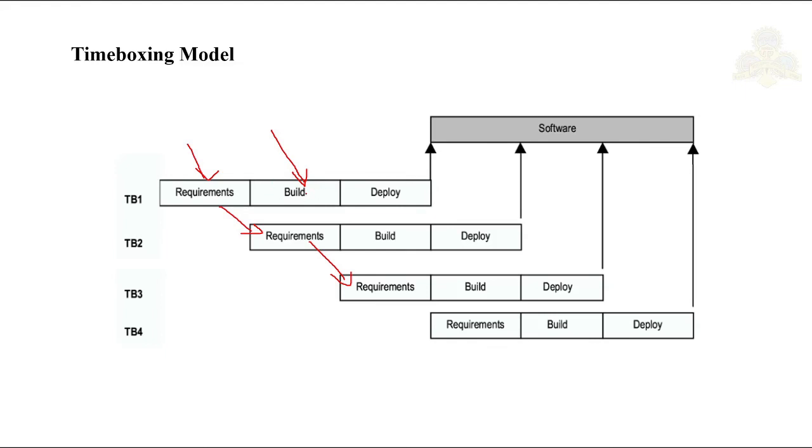Once the building has been completed for timebox 1, the build team moves on to the development and testing of the code for timebox 2. Now when the build team is in timebox 2, the deployment team of timebox 1 will deploy the code, and this process continues. Okay. At most 3 iterations can be concurrently in progress in this timeboxing model.